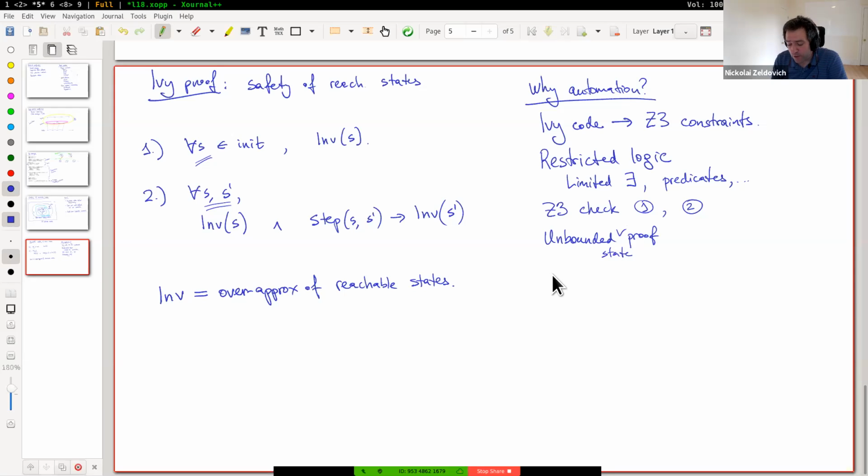And it critically relies on this over-approximation of reachable states by the invariant. Having this closed formula describing the reachable states in the invariant is absolutely the key for why this automation is able to make a proof that holds for an arbitrary number of states.